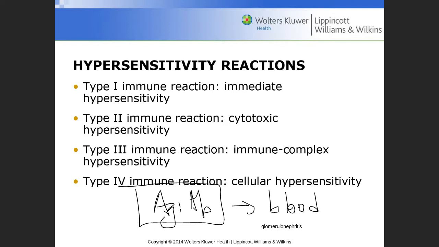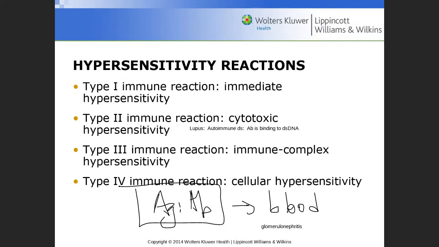Okay, and lupus is an autoimmune disease in which antibody is binding to double-stranded DNA, and it's that antigen antibody complex, usually circulating, goes to the kidney and can lead to glomerular nephritis, if you will, right?